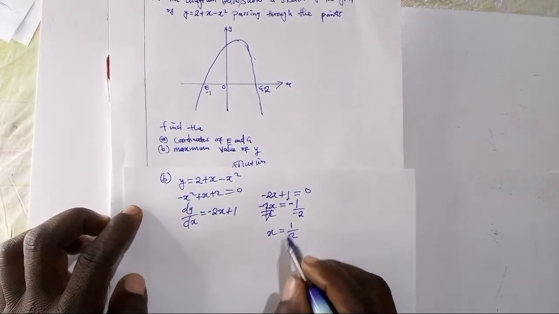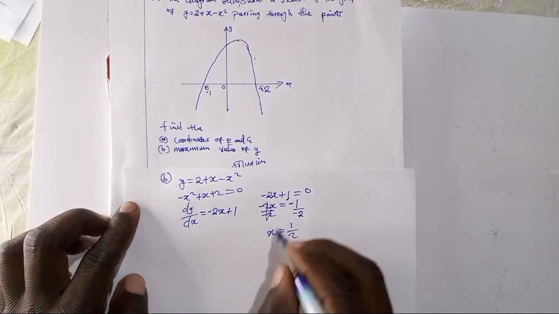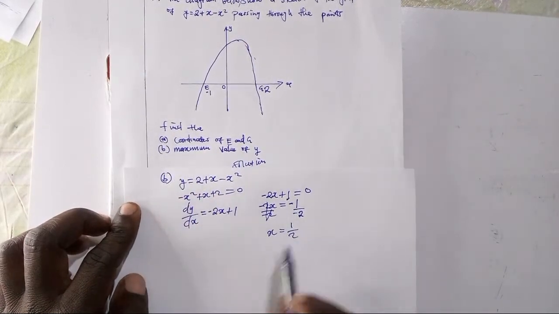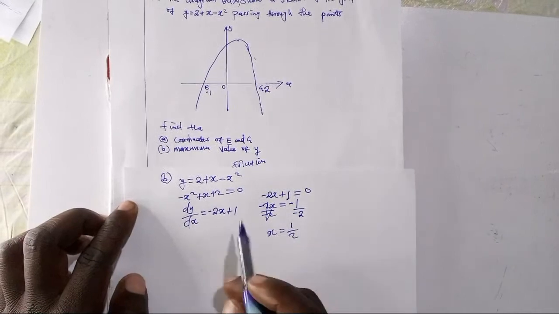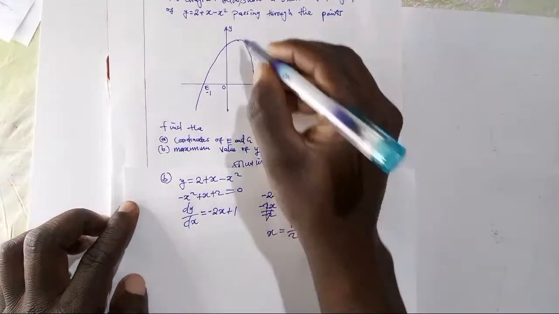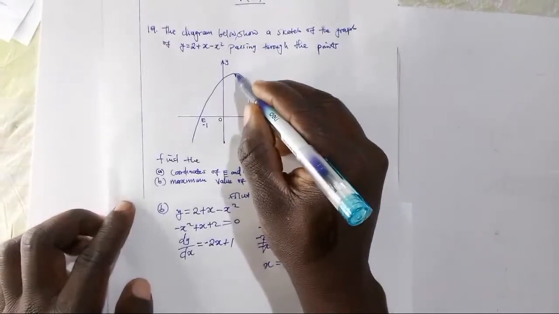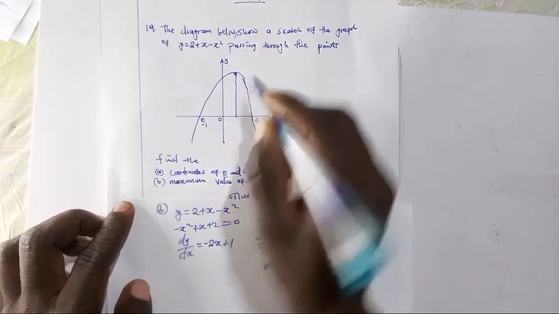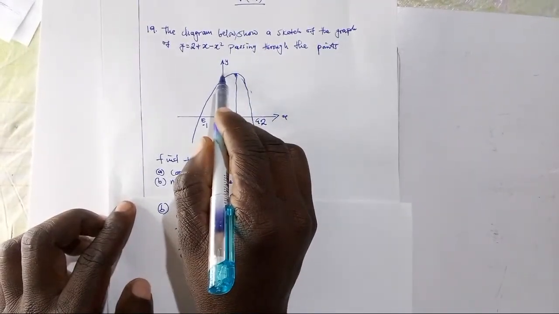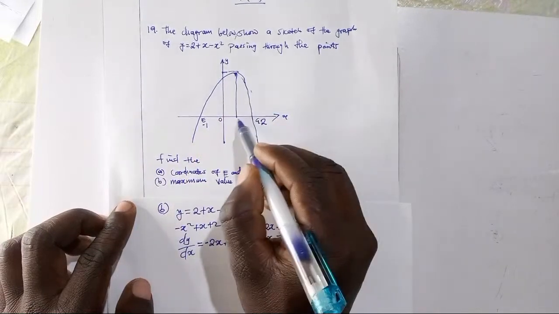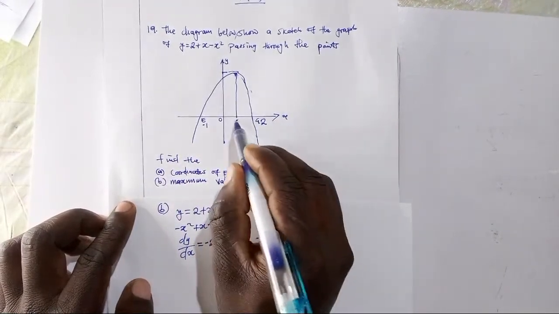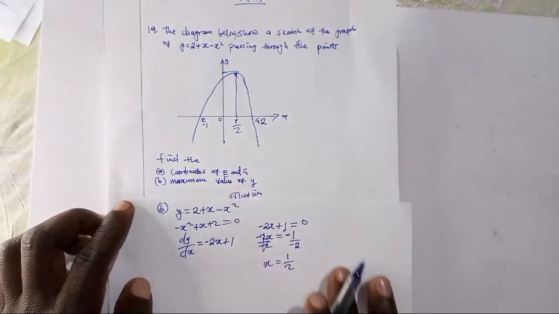So this is just the value of x at the maximum. We have to find the maximum value of y. This is the point where they are saying we have to find the maximum value of y. The maximum value of y is here, and x is here, so here it is half.